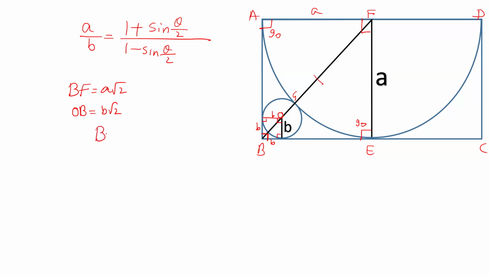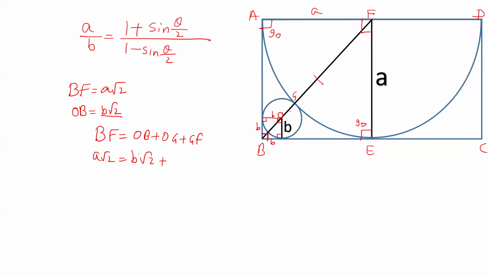Now, if I write BF, that will be equal to OB plus OG plus GF. The length of BF we have calculated as A root 2. OB we have calculated as B root 2.